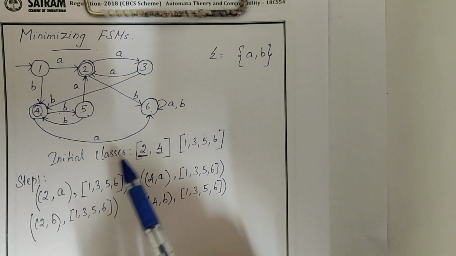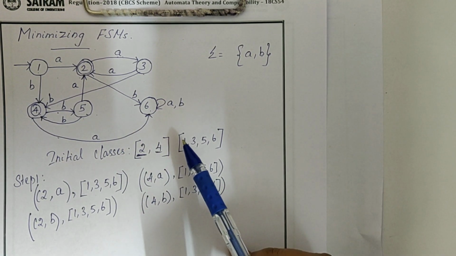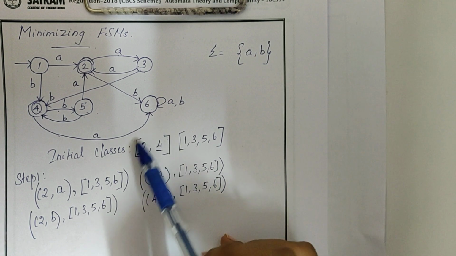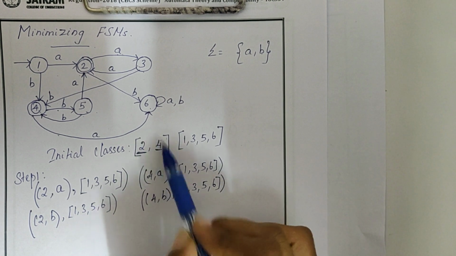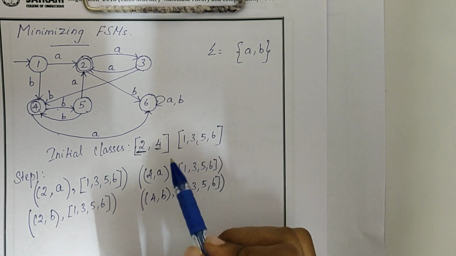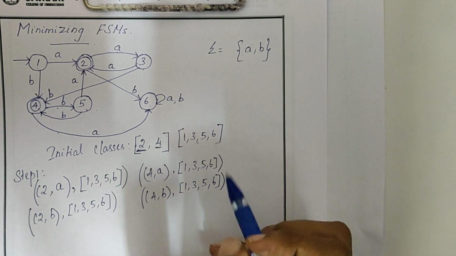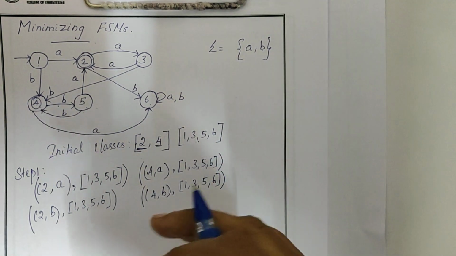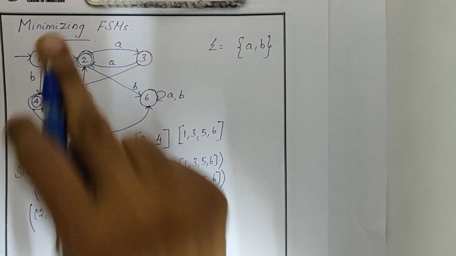If all the states in a class, when they take input, move either to a final state or to a non-final state, it is an equivalent class. Equivalent class means there is no need to write it separately. Instead of writing 2 and 4 as separate classes, I can write them as a single class.